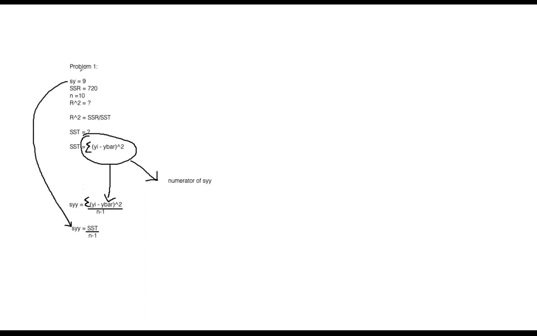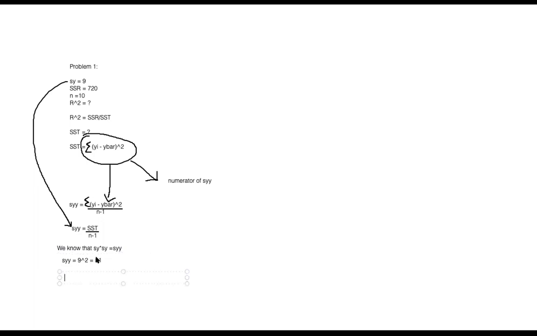So we can use SY, and we know that SY times SY equals SYY. So all we have to do is square this, and then that is SYY. So SYY equals 9 squared, or 81. So this is SYY.